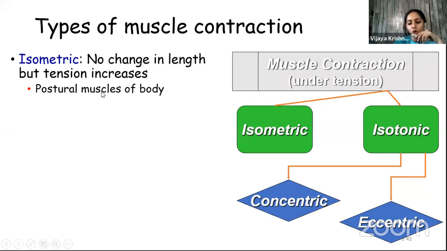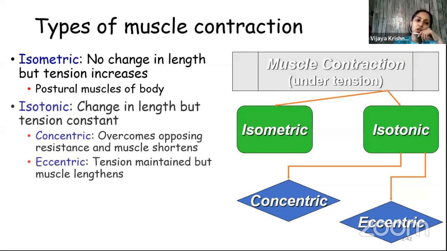Examples are the postural muscles of the body. The next thing is the isotonic contraction, where, as the name says, iso means same, tone means tension. So the tension remains constant, but the length can vary. Now this, as you see, is of two types, concentric and eccentric.